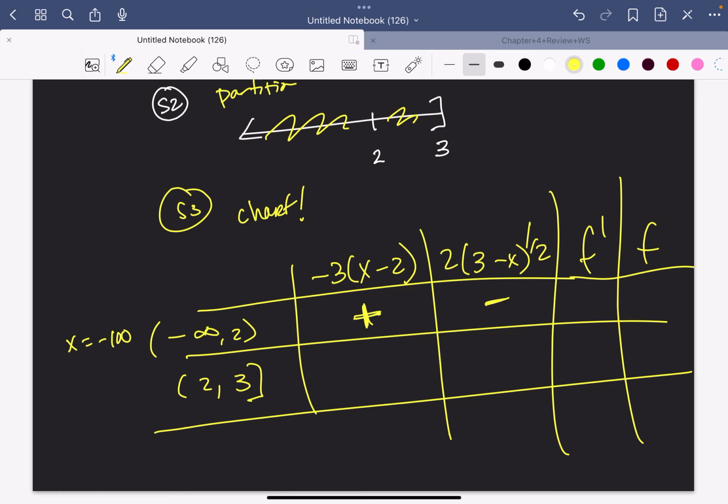That always has to be positive if it's going to be defined, because it's a square root. A square root's always positive, right? Unless you were to screw it up with that negative out front. And then over here, if we put in something like x is equal to 2.7, I think you're going to get a negative times a positive, which is negative. So my derivative goes from positive, increasing function, to derivative negative, which means f decreases.